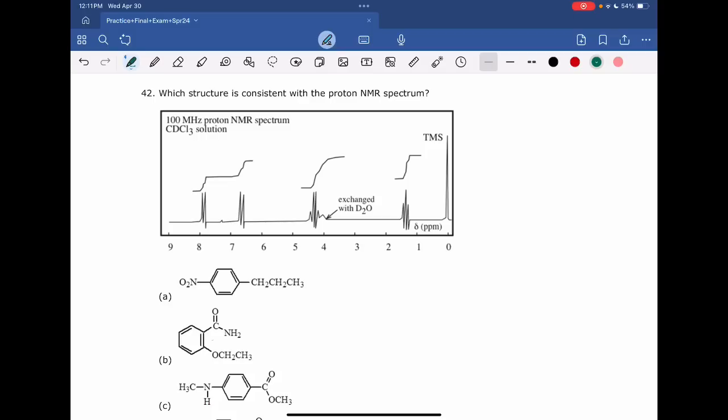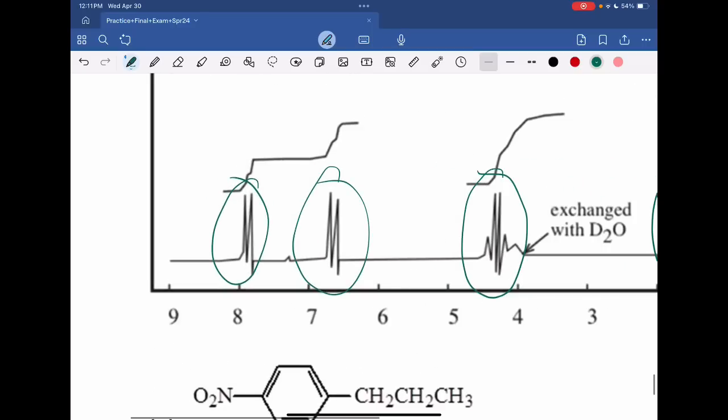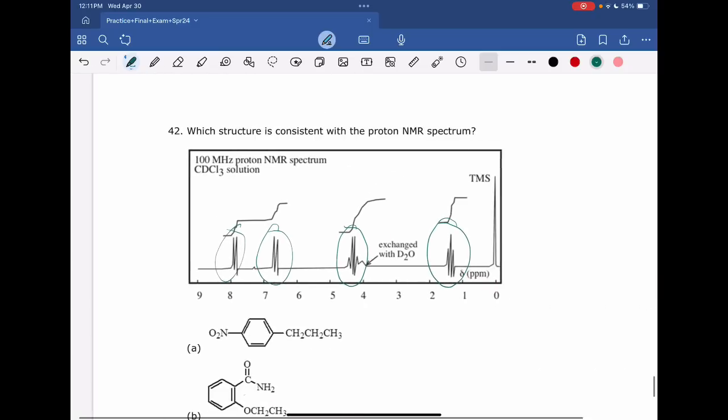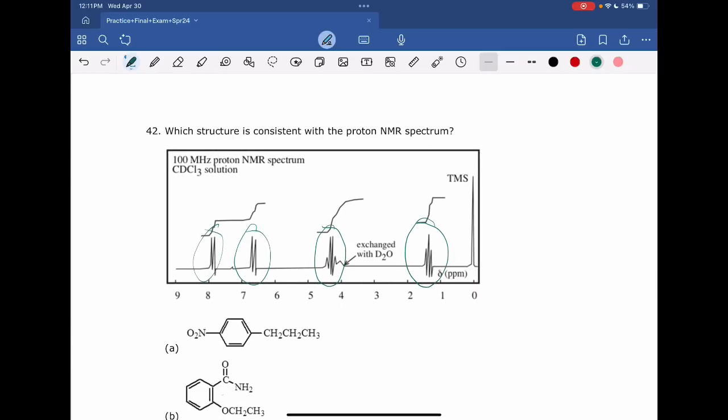So the fastest way to do this, look for how many peaks are in the graph. 1, 2, 3, 4. Peak clusters, not peaks, because there are 2 peaks in here, but this is 1 peak cluster, sorry. I meant peak clusters. So there are 4 peak clusters. That means that there are 4 distinct hydrogens in whatever molecule that we're analyzing.